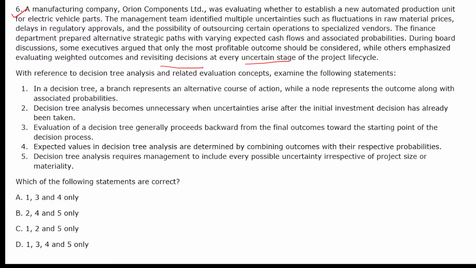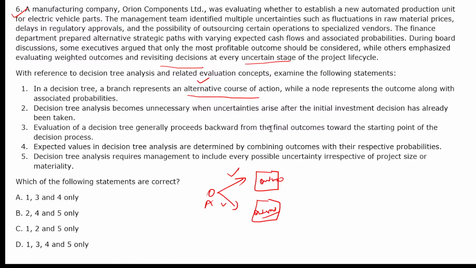In a decision tree, a branch represents an alternative course of action. This is correct. See, this is my scenario. This can happen or this can happen. So both of them have alternative courses of action, while a node represents the outcome. So scenario A, scenario B, these are the nodes, so these are the outcomes, along with associated probabilities.